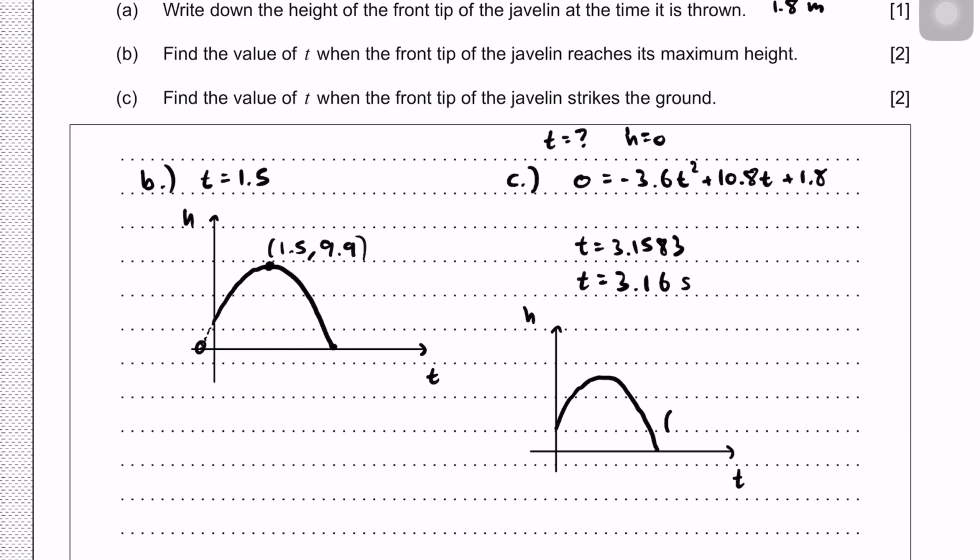I'm not sure. I think potentially it's a danger, so to avoid that, simply draw another one and show that point. So here it is, where we hit the ground. After 3.16 seconds, the height is equal to 0. Solved through graphing.